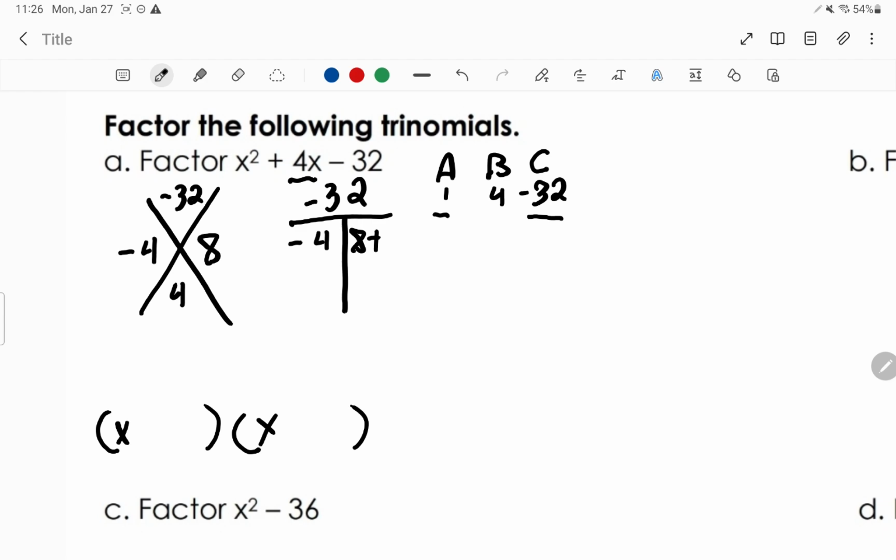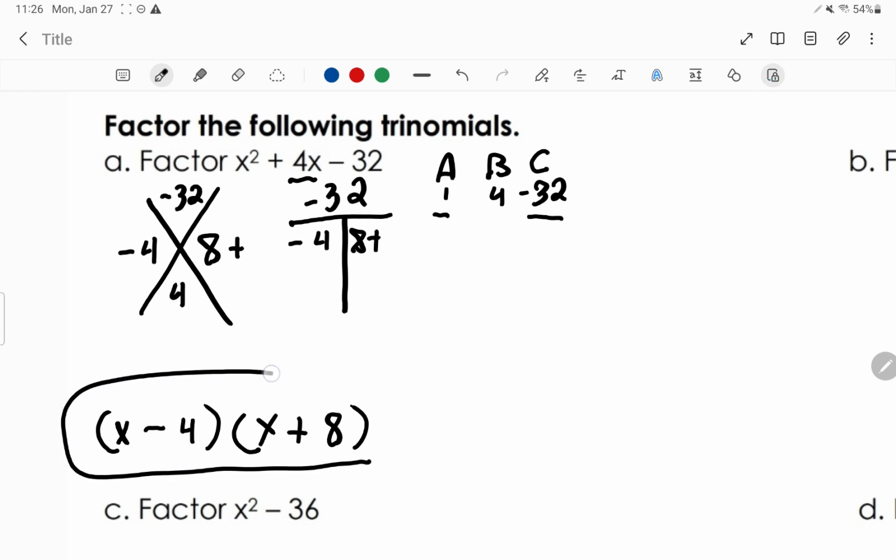And now we're plugging it into the parentheses. So the first one is 4, right? We're gonna plug in 4, and the sign is a negative. Then we're gonna plug in 8, and the sign is positive. There we go, we're done. That is my answer for that one. And that is it. That's exactly what you need to do every time.